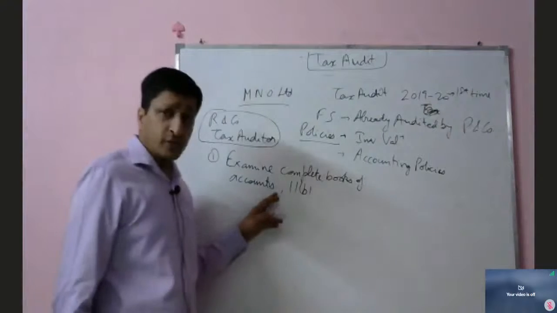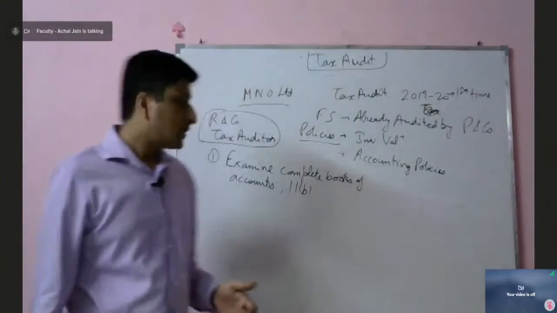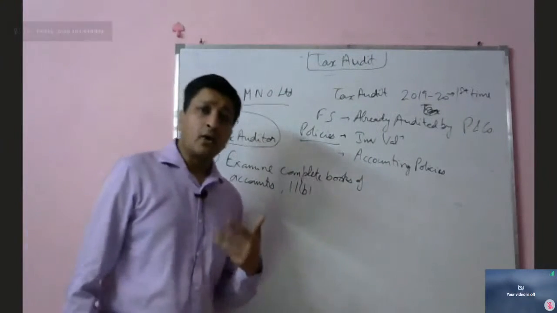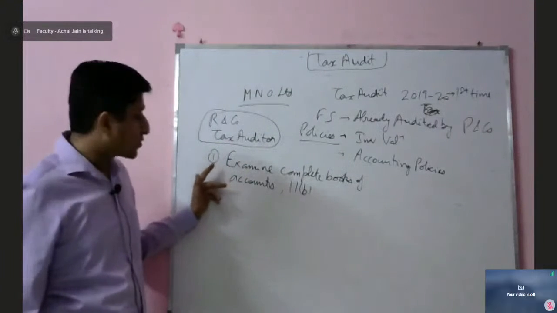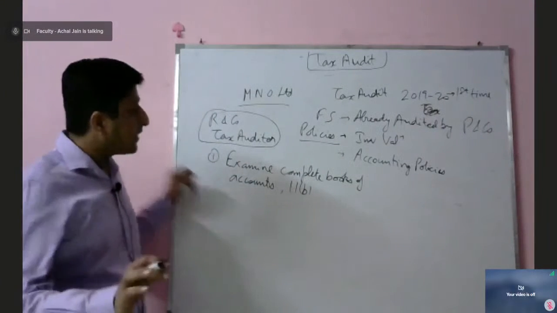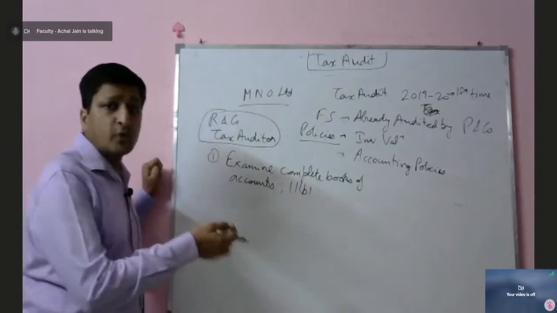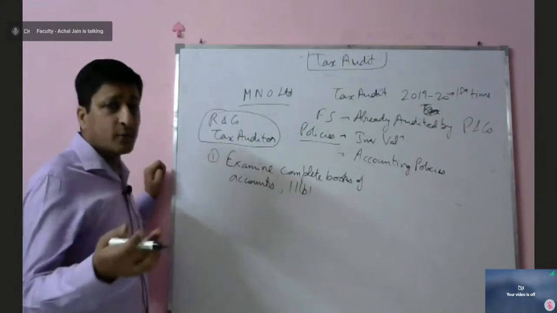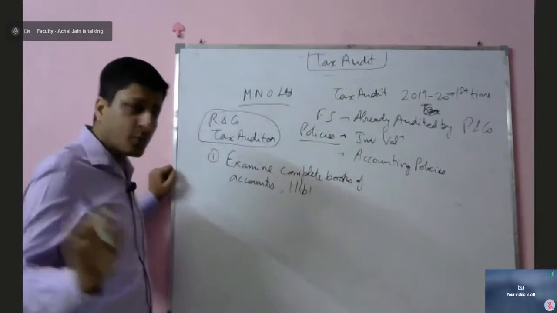Now the auditor is of the view that because he will be required to audit this Form 3CD, which contains the list of all of these books of accounts, till the time he does not examine the complete books of accounts, he will not be able to comment on whether all the books of accounts are captured or not, whether those are correct or not. Okay, so that is his view. Understood the query?